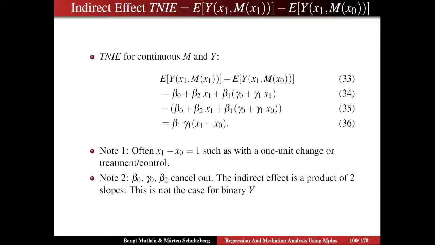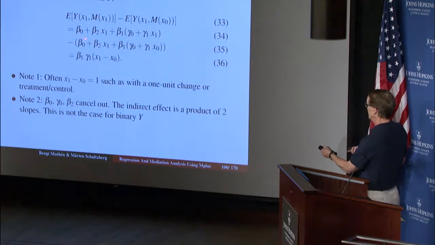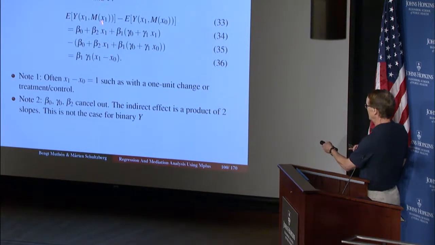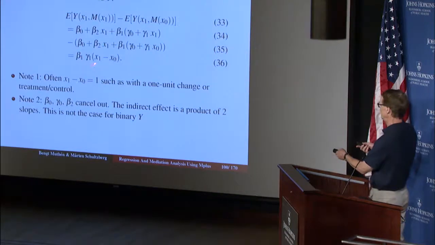For the 1,1, you put in 1 in the first equation, the y equation, and you put in 1 in the second m equation as well. And then you look at the difference between the two. The book is full of these examples, and it's ridiculously simple. You see then that you get rid of beta 0, you get rid of beta 2 times x1, subtract one from the other. Out comes the standard simple beta 1 times gamma 1. The regular A times B effect comes out there.